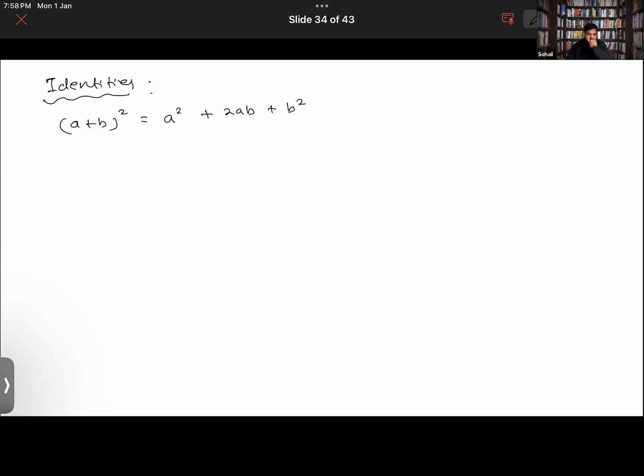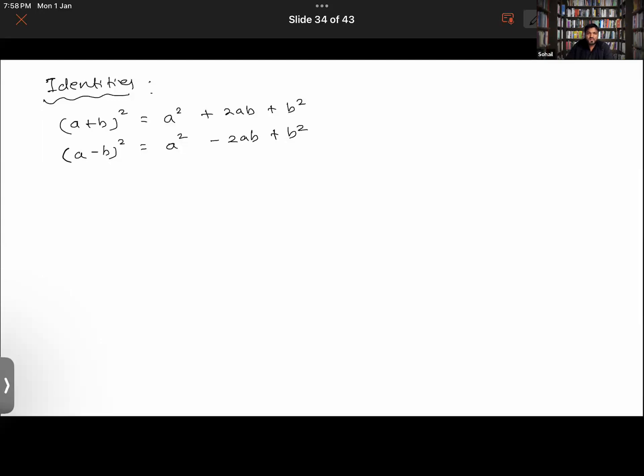Good. And a square minus b square minus 2ab? No, it's like this: a minus b whole square is a square minus 2ab plus b square. Okay?